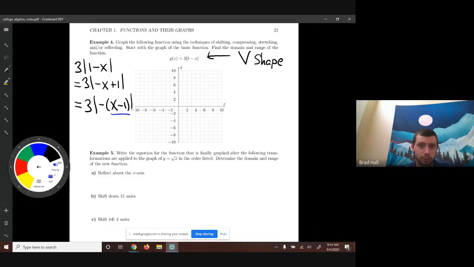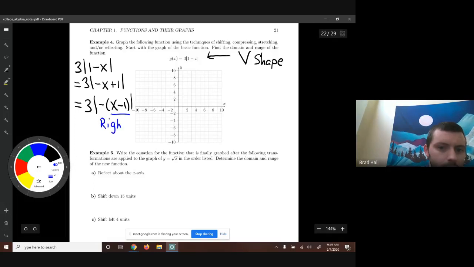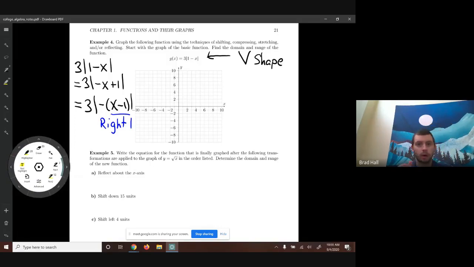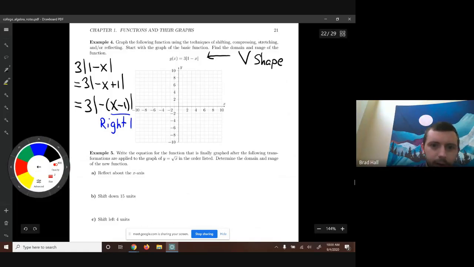So that's what makes this one tricky. So if anything, that's where this graph will start at. And we don't go up or down at all because there's nothing being added to the function as a whole. There's nothing on the outside such as +4 or something.